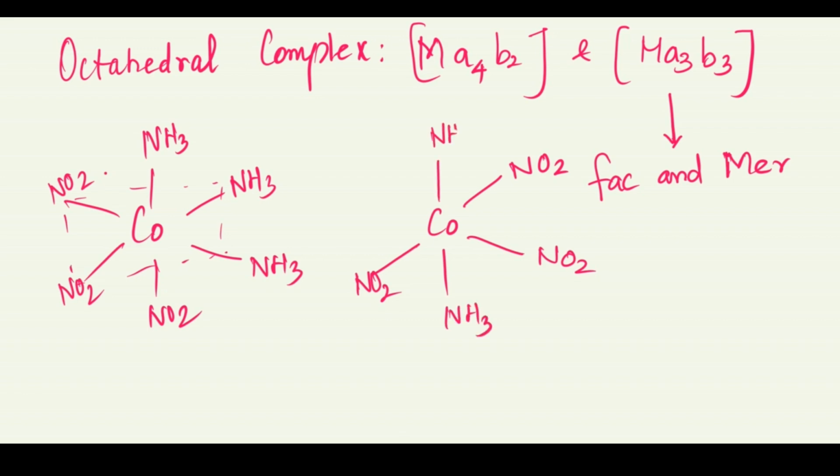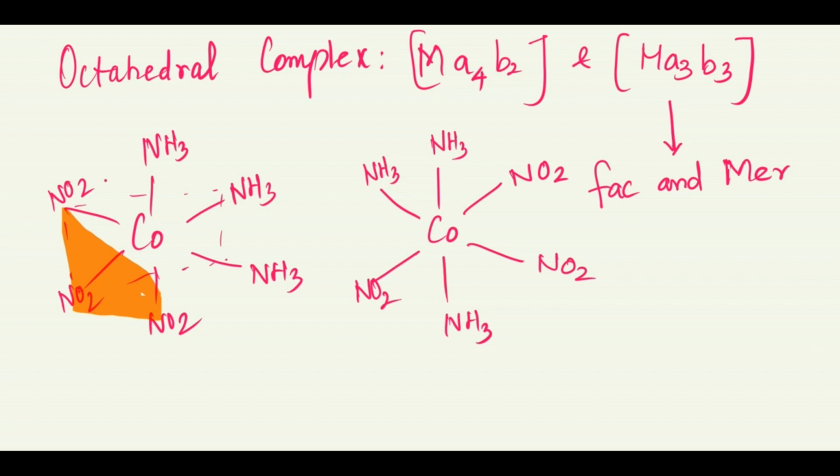Can you find the differences between these two? Here, the NO2s are forming a triad, right? But here it is not possible. These three NO2s are forming a triangle. There is a difference between these two isomers.